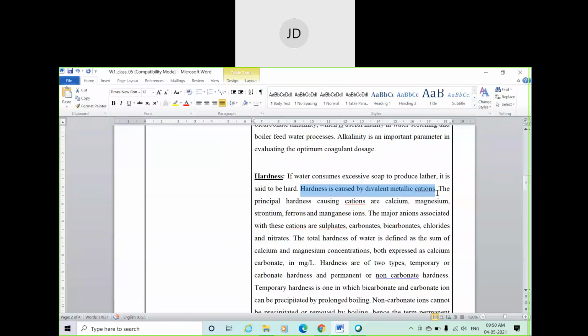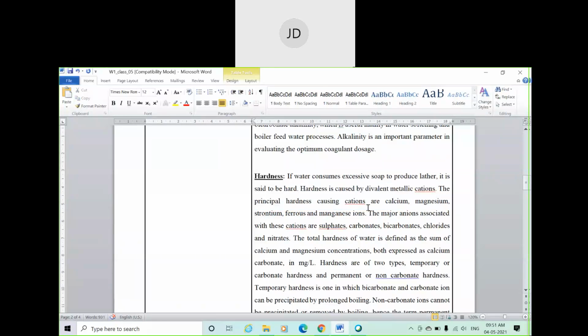So these multivalent cations react with the anions present in water, and they produce hardness. The hardness is caused by divalent or multivalent cations, and the principal hardness-causing cations are what?